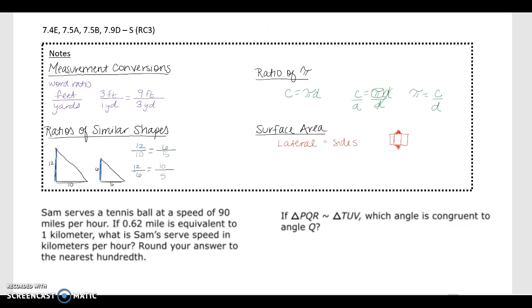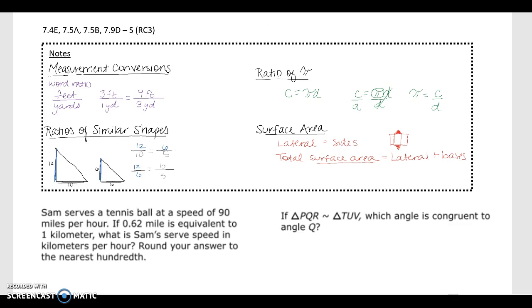And then if it's asking for the total surface area, or if it doesn't specify and it just says surface area, right? If it just says surface area, it's going to be the lateral plus the bases. So it's going to be all of them, right? And since we're talking about surface area, we're going to be using the formulas for area.